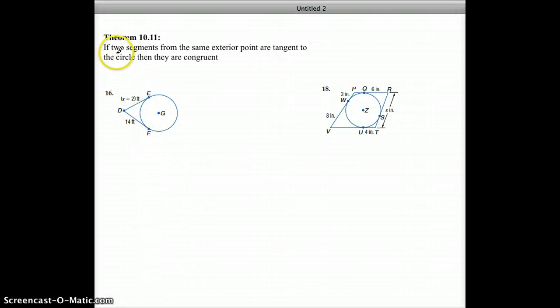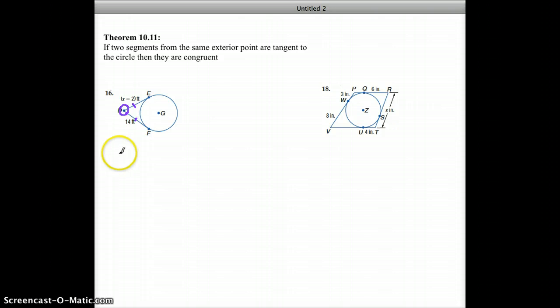Now this theorem says if two segments from the same exterior point are tangent to the circle, then they are congruent. So because my two tangents come from the same exterior point, D, I know that they have to be congruent.